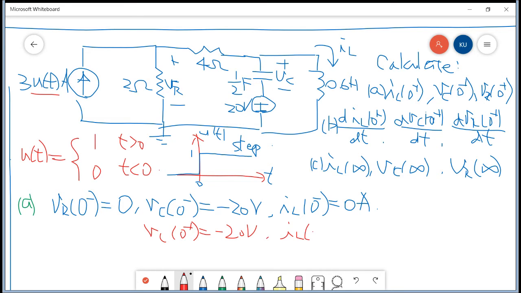IL 0 plus is 0A. But what is VR 0 plus? Actually, VR 0 plus is not 0.